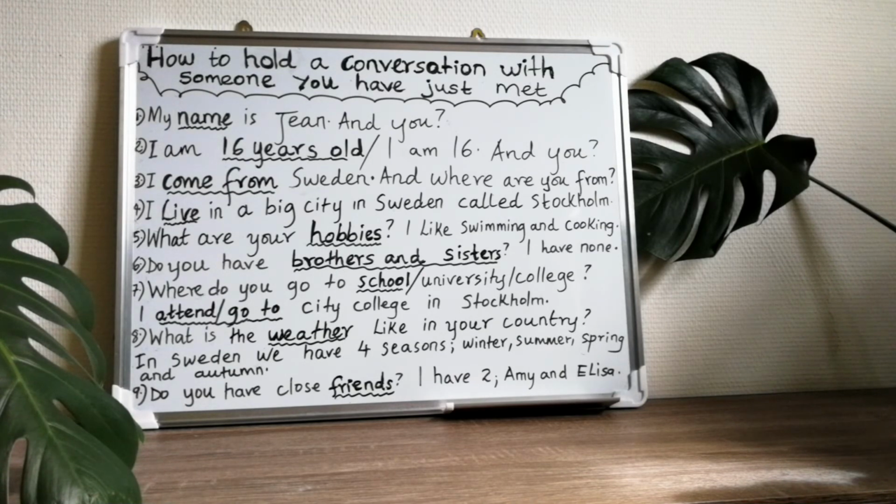The next one is number 7. When you meet someone new, you want to ask them where they go to school, where they go to university, where they go to college, but also you want to inform them about where you go.